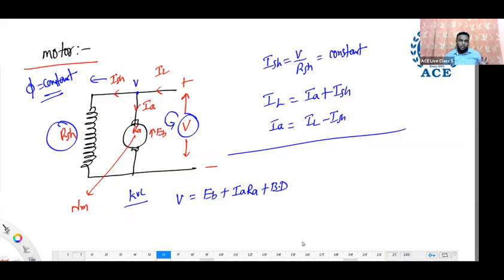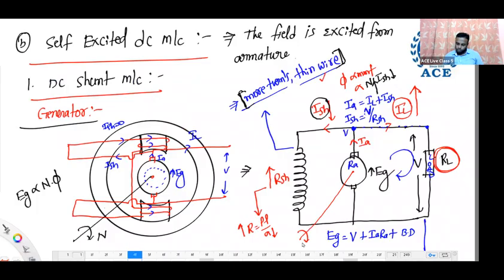Generator means we are rotating with mechanical input. How EMF is induced, that we will see later. Initial rotation means a DC motor. See, for a motor it is not required. When we give supply voltage, field current is there, armature current also, both are there. Now the DC motor is self-starting. No conditions for motors. Conditions are required only for generators, not for motors.